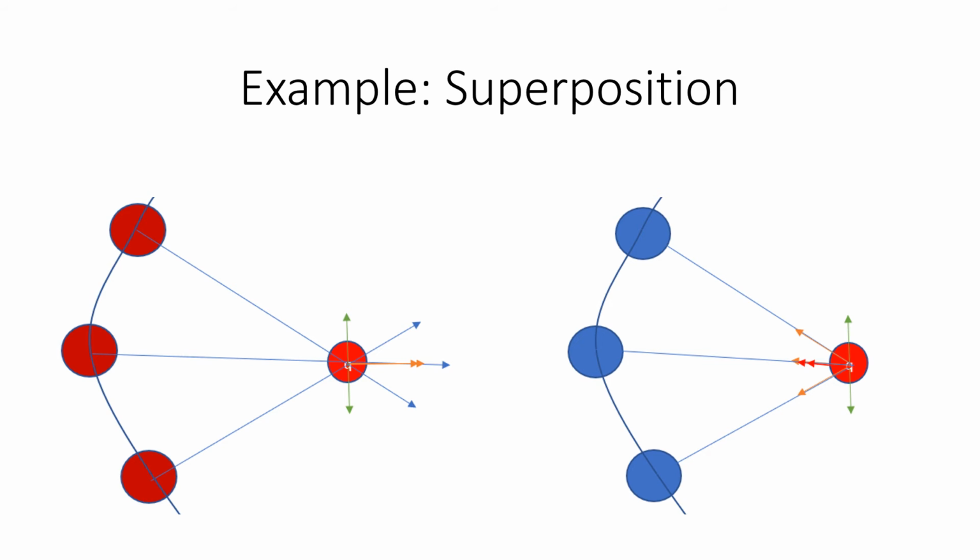The two green lines are the y components of the vectors, which cancel each other. All that we have left is what acts along the x-axis, which is the orange lines.